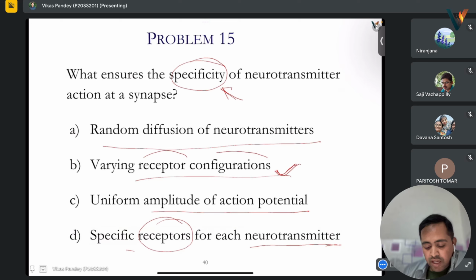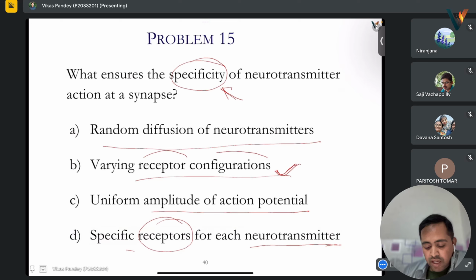Yes, sir. In that case, certainly it will be true. But the opposite condition is when the overall configuration is different.